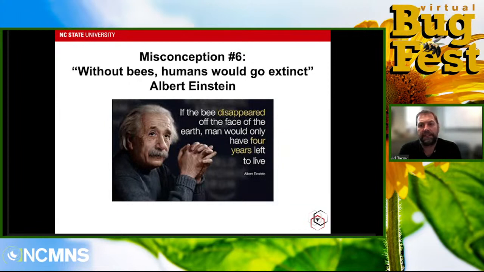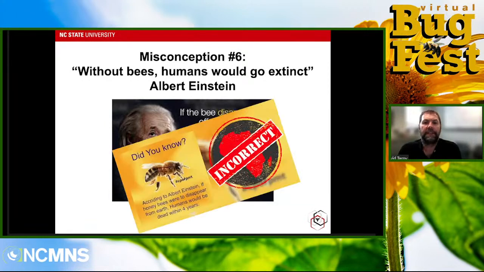If Albert Einstein said it, then it must be true. However, looking into this, Albert Einstein actually never said this. So not only is that a misconception and a complete falsehood, the idea was just trying to attribute a point about the importance of bees to somebody smart to give it credibility.